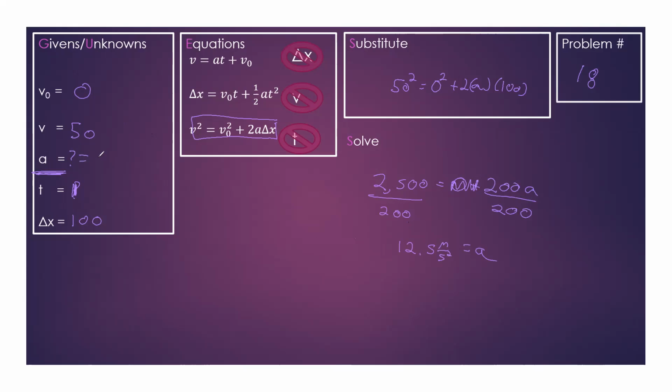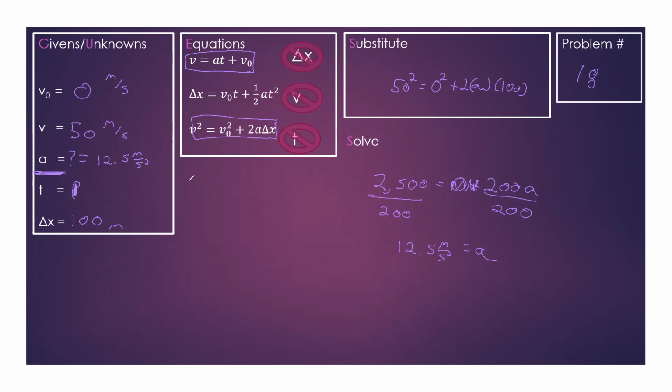Now that I know this, I can go back and now solve for time. Again, any equation here works. I'm going to choose to solve for this one right here. Now, you can use the second equation. However, and I'm going to switch to red for this, I'm going to provide a cautionary tale on why you might not want to do the second equation.